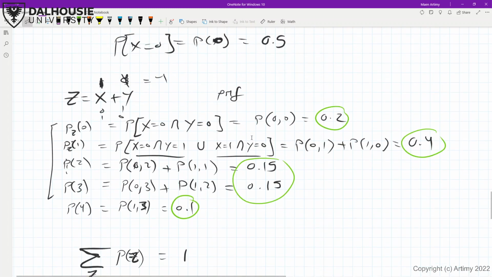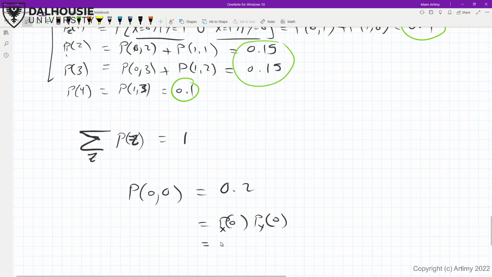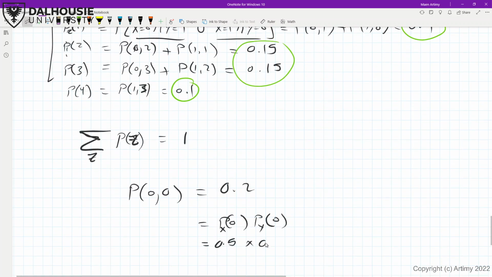So Px of 0 is this value, 0.5, and Py of 0 is this value, 0.4. If I multiply them together, I will get 0.2. Alright, so this value is in fact equal.